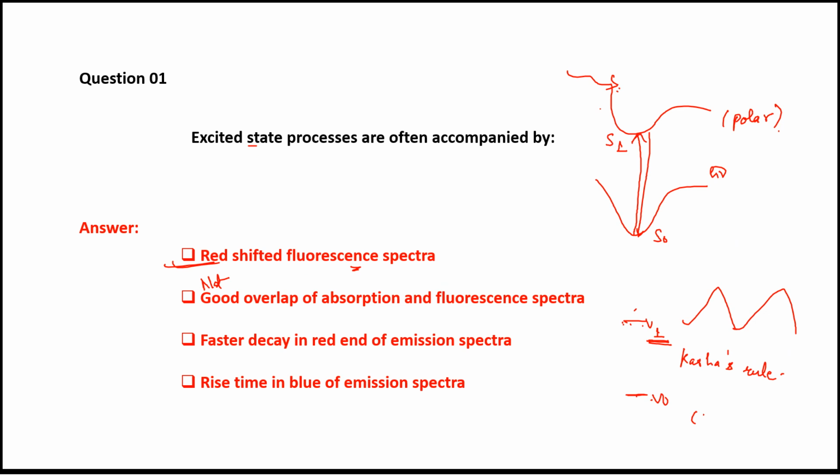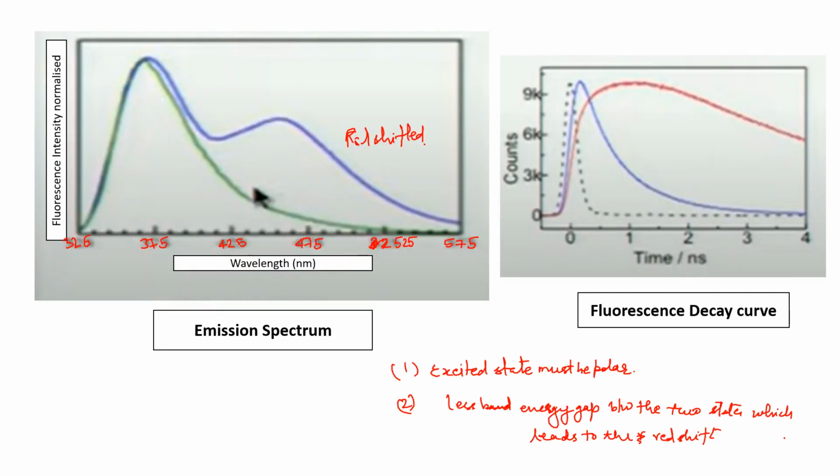So for Kasha's processes, where absorption and emission are according to Kasha's rule, the absorption and emission will be like mirror images of each other. But in the other case, you will not obtain so.